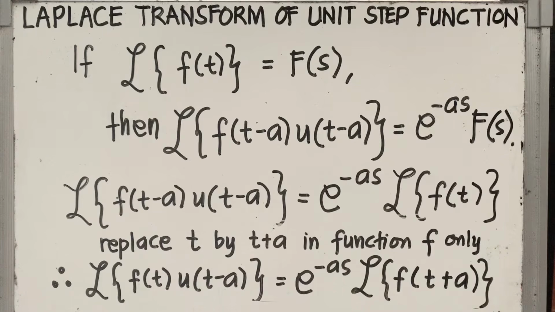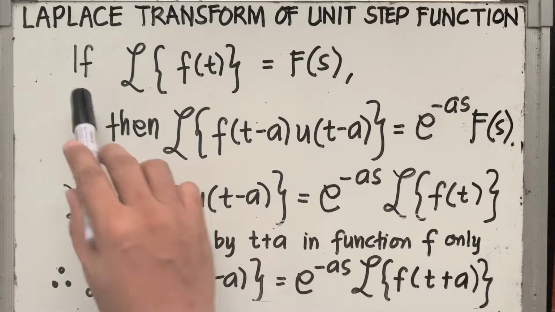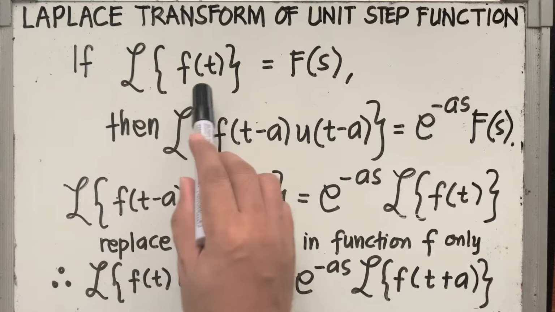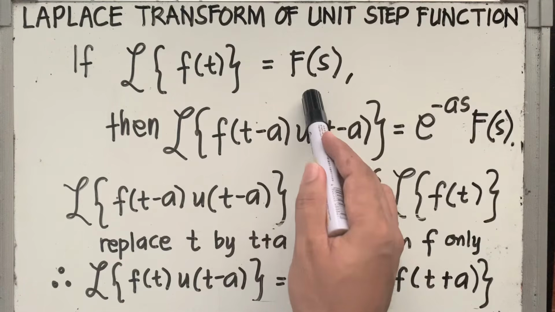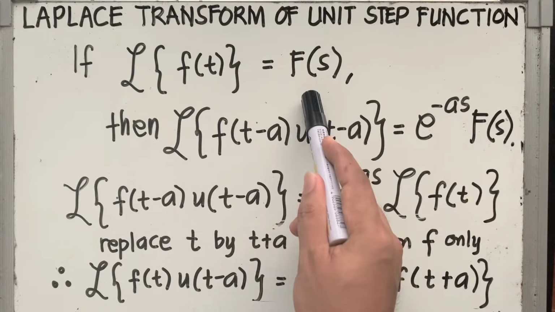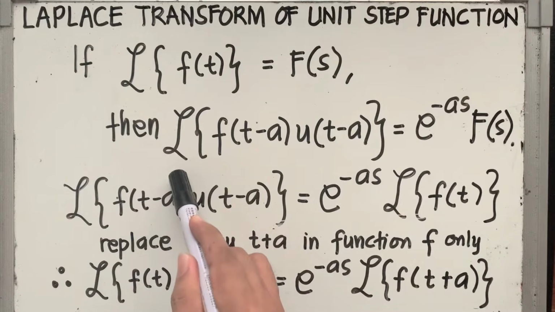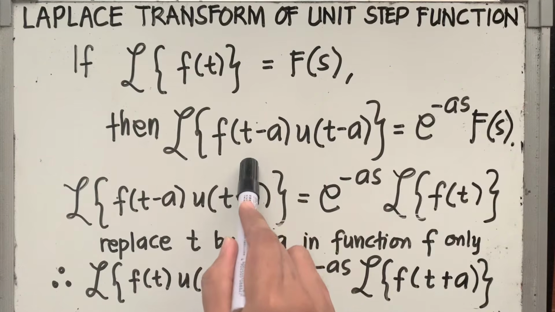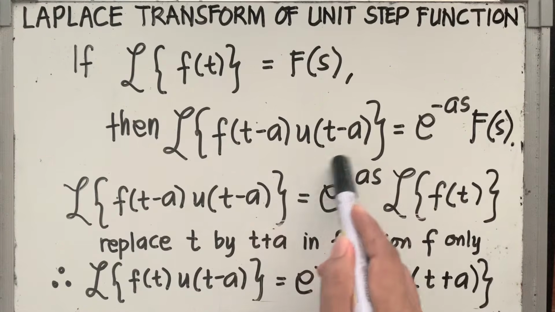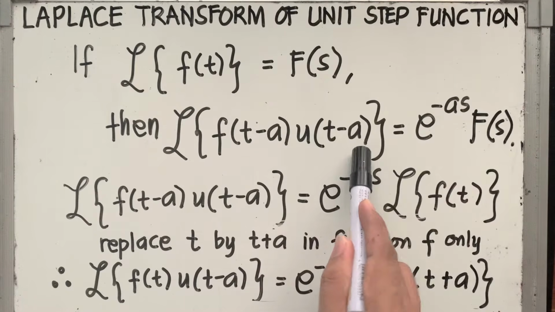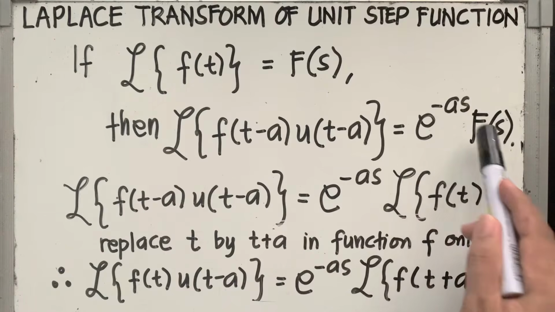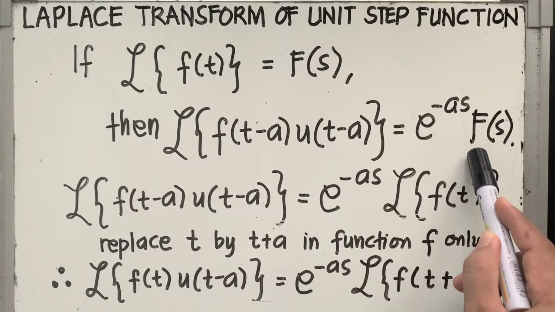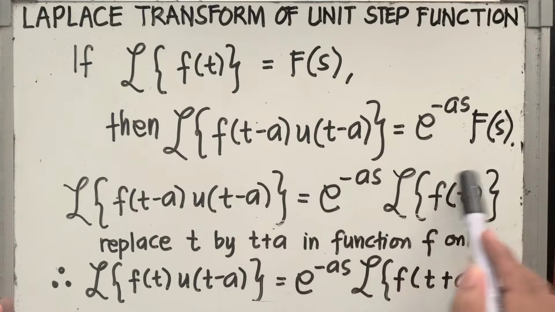Okay, so now let's move on to determining the Laplace transform of unit step function. So recall that if the Laplace of f of t is equal to F of s, so you remember the definition, right? Then the Laplace of f of t minus a times the unit step function u of t minus a is equal to e raised to negative as times F of s, or the Laplace of f of t.